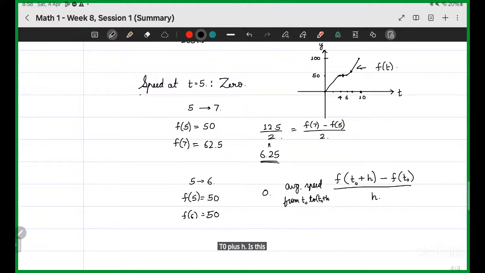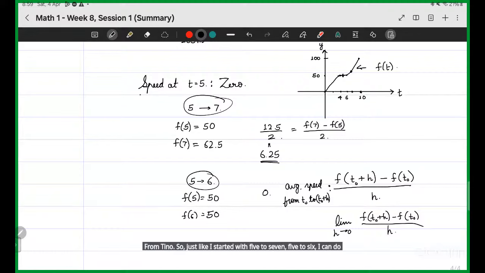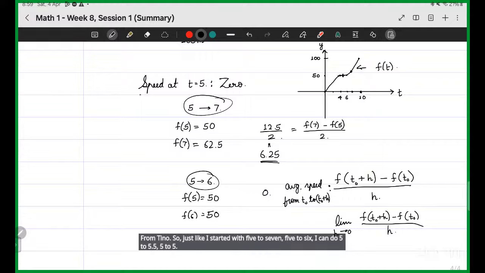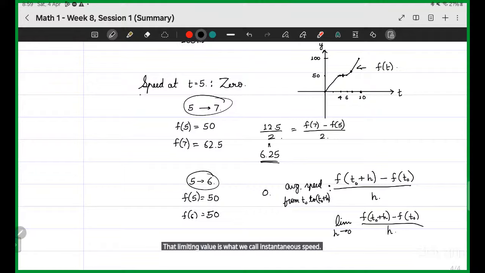Is this clear? Yes, sir. Now, if I take the limit of that as h goes to 0, what would happen? I'm shrinking the interval from t naught. Just like I started with 5 to 7, 5 to 6, I can do 5 to 5.5, 5 to 5.4, smaller and smaller. That limiting value is what we call instantaneous speed. Is that clear?